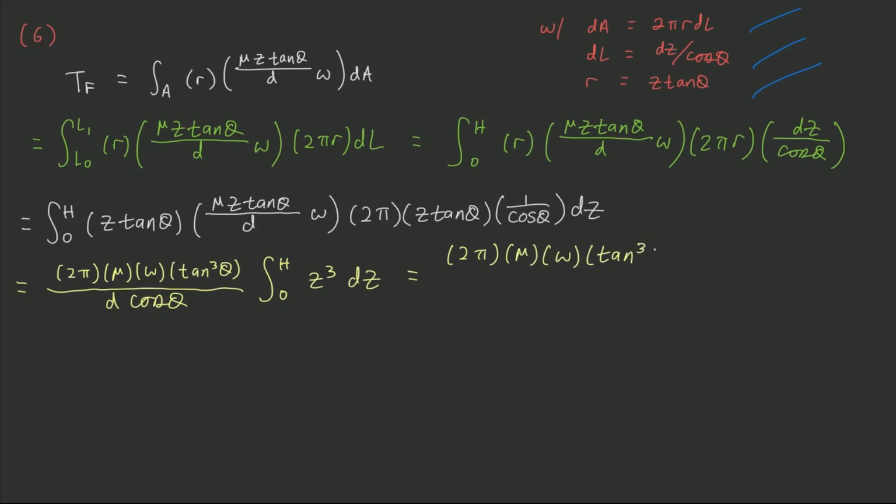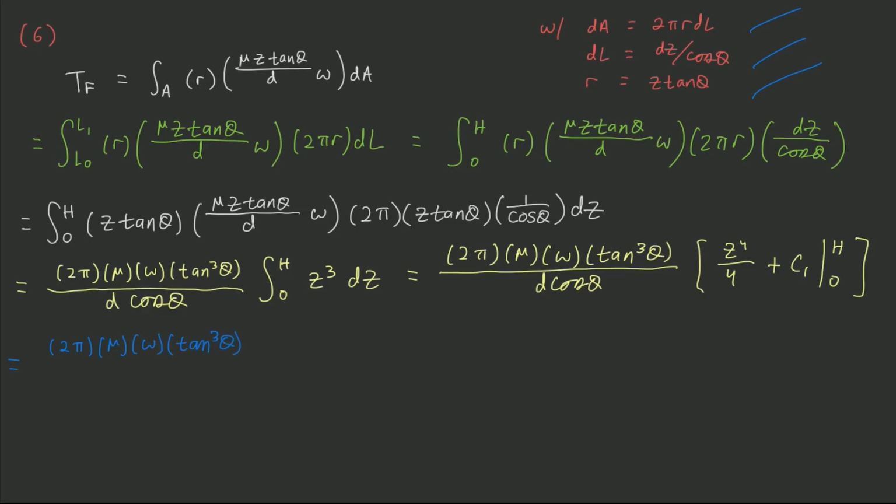tangent cubed of theta over d cosine theta. And this integral is simply z to the fourth over 4 plus some integration constant evaluated from 0 to h. And this is equal to 2 pi mu omega tangent cubed of theta over d cosine theta times h to the fourth over 4.